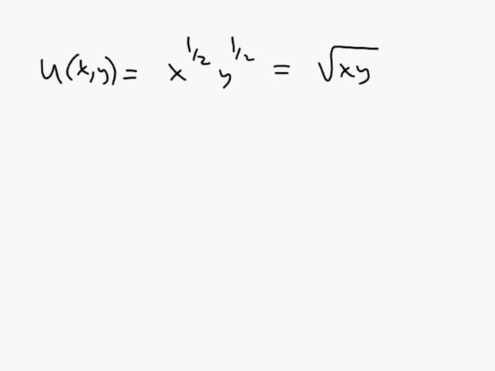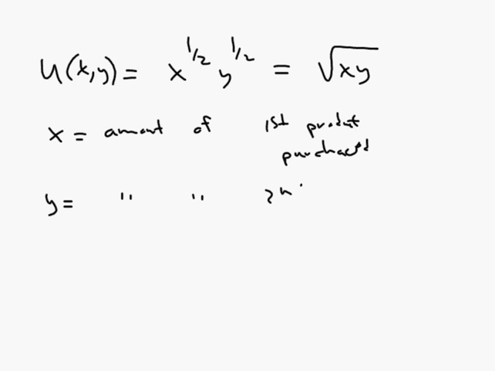And x is the amount of, we'll call it, the first product purchased, and then y is defined as a similar product. It's the amount of the second product purchased. That's what y is.